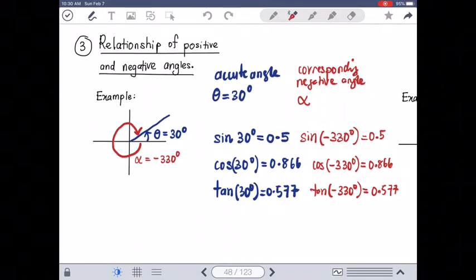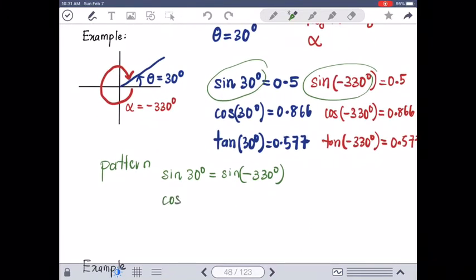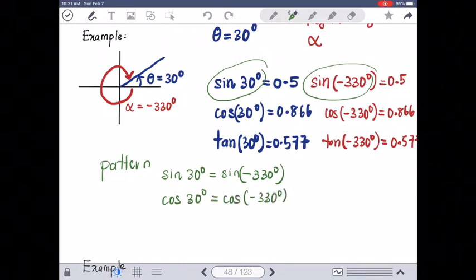And if we observe the pattern here, we can say that sine 30 degrees is just equals to sine negative 330 degrees, and cos 30 degrees is just equals to cos negative 330 degrees.